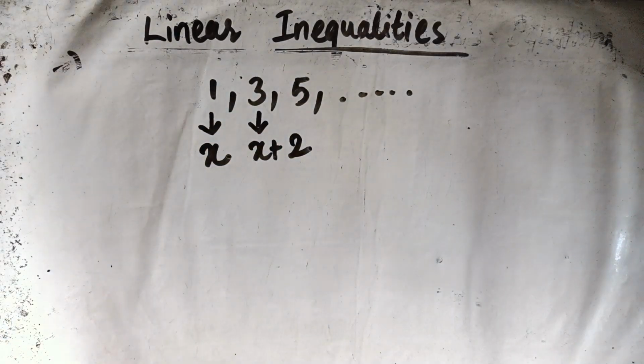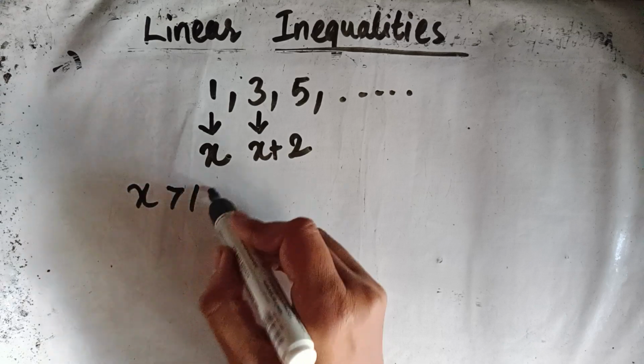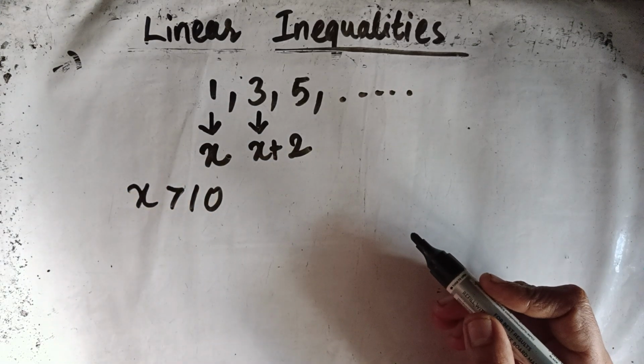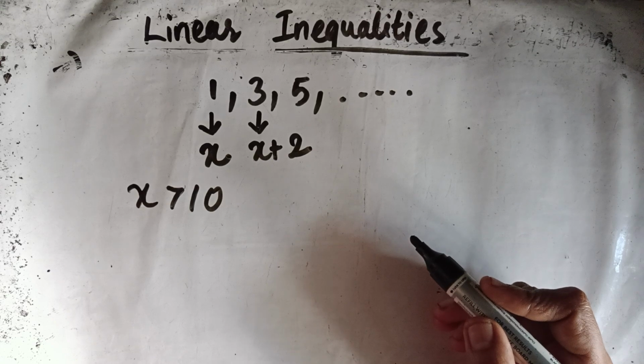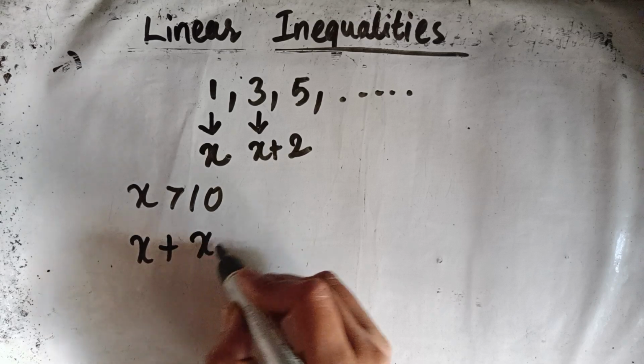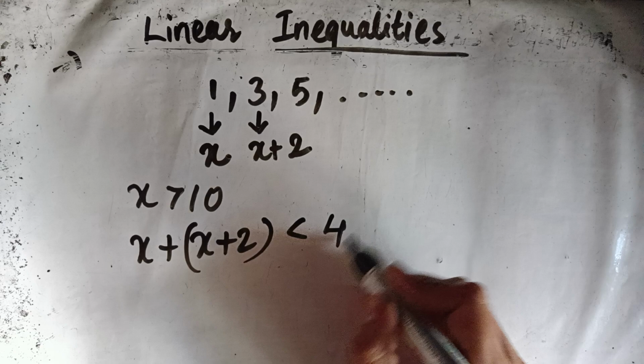So these are our numbers. Both of which are larger than 10, so x is greater than 10. Such that the sum is less than 40: their sum, x plus x plus 2, is less than 40.